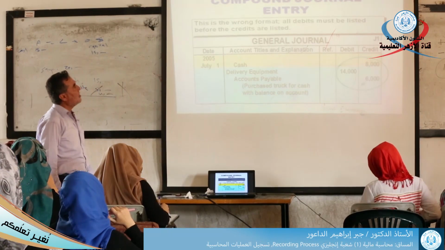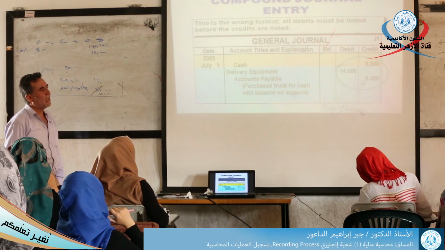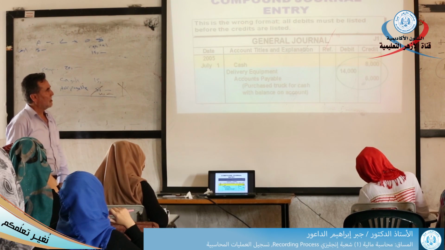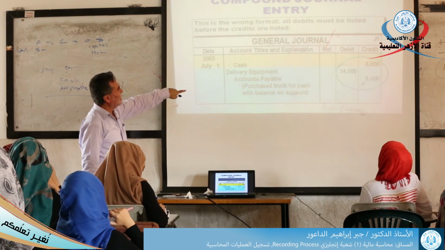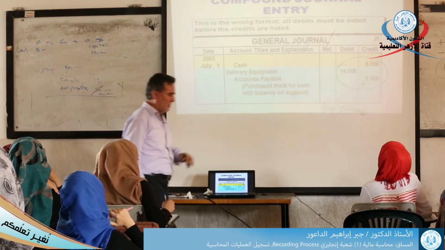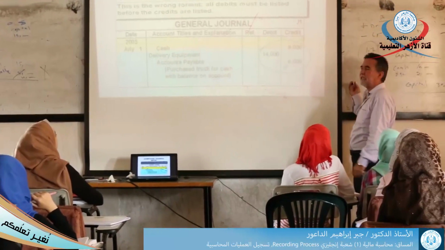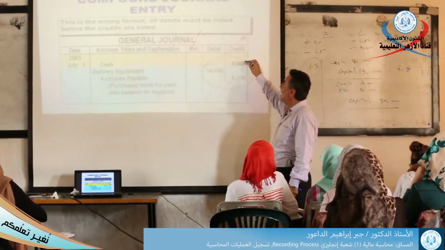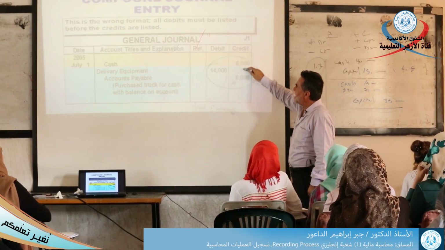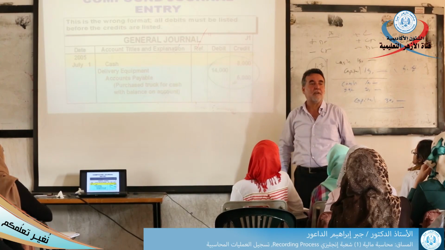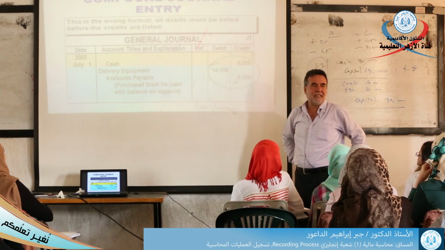This is the wrong format. Why? Cash, delivery equipment, accounts payable. Notice that the debit side is 14,000 and the credit side is also 14,000, but it is an incorrect format.